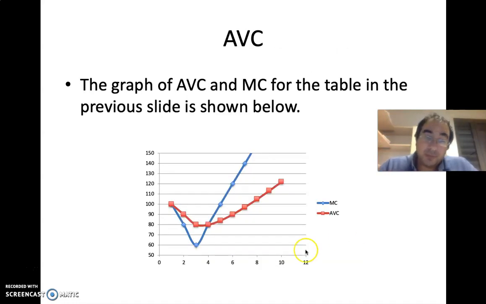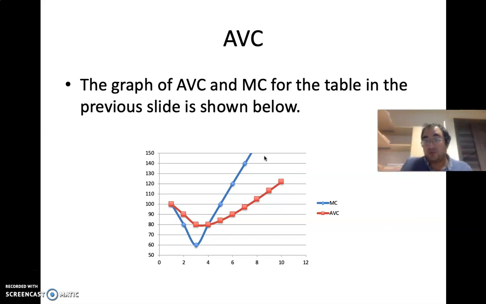So, whenever marginal cost is lower than the average variable cost, it is pulling the average variable cost down. Whenever marginal cost is higher than the average variable cost, it is pulling the average variable cost up. It always pulls, unlike when you push, where you are pushing something in the opposite direction.